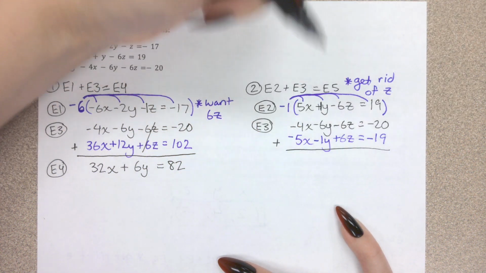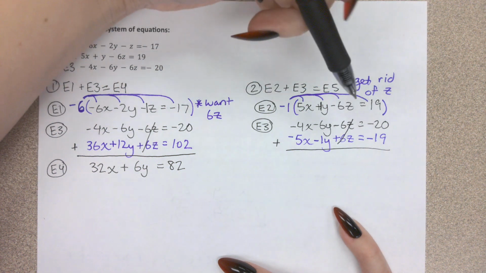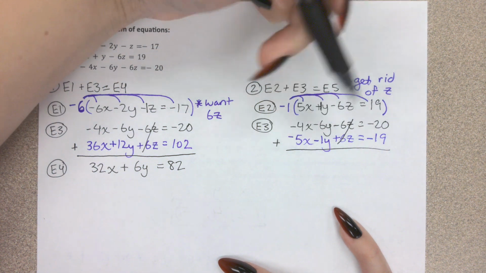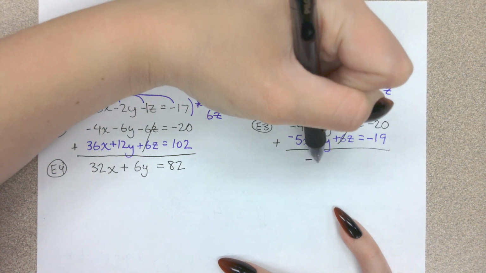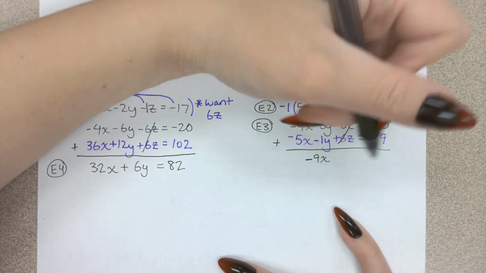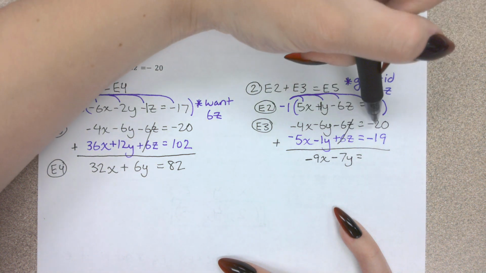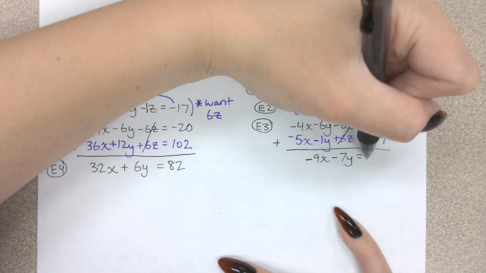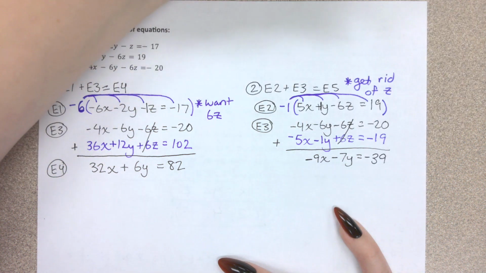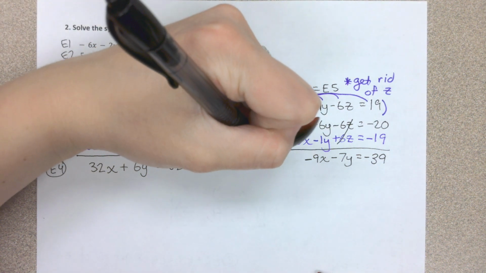Elimination. Negative 6z and positive 6z cancel. Negative 4x and negative 5x, that's negative 9x. Negative 6y minus 1y, that's negative 7y, equals negative 20 minus 19, this is negative 39. This is E5.